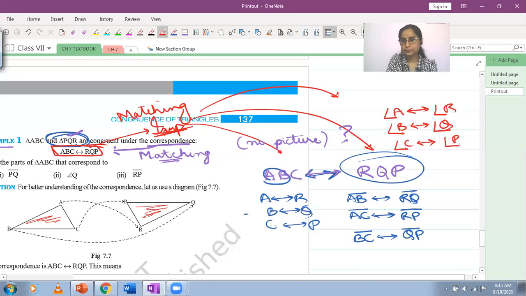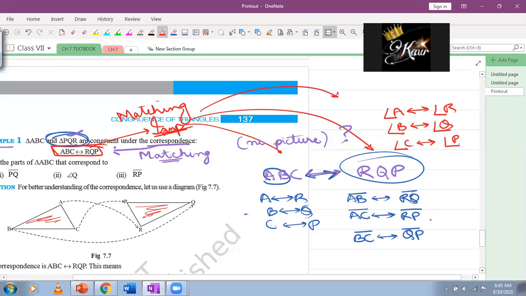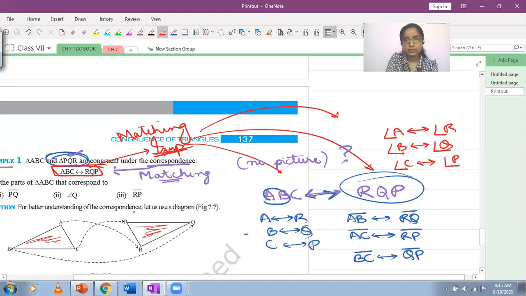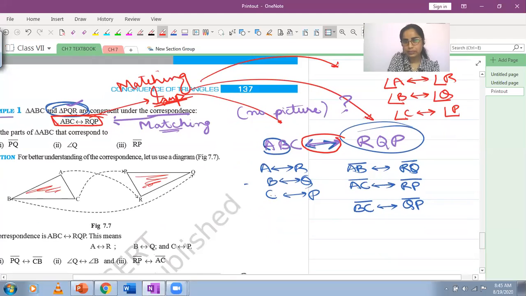Got it? Excuse me, ma'am. Yes. Ma'am, if matching is not given, then? It will be given this way. This can also be written like this, the matching as they have shown it, right? Same thing if we write using the sign of congruence.